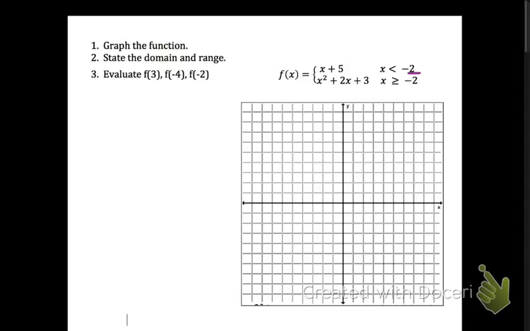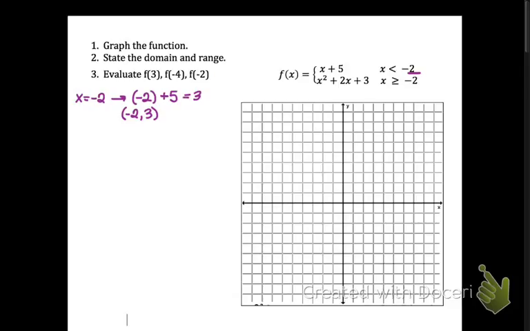So I'm going to figure out the value of x plus 5 for negative 2. When x is equal to negative 2, I do negative 2 plus 5, which gives me 3. That means my starting point is the ordered pair negative 2, 3.